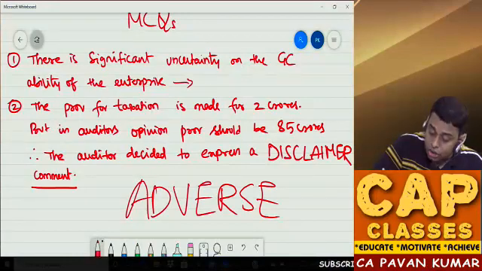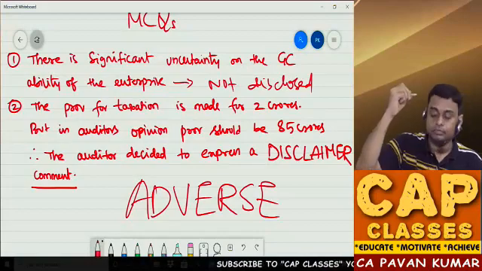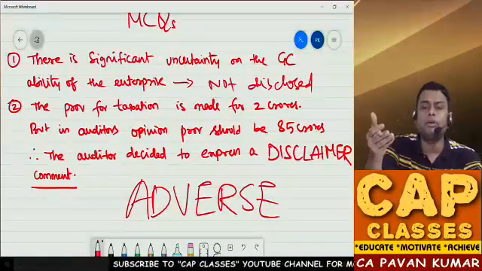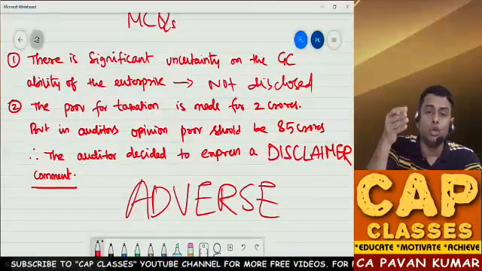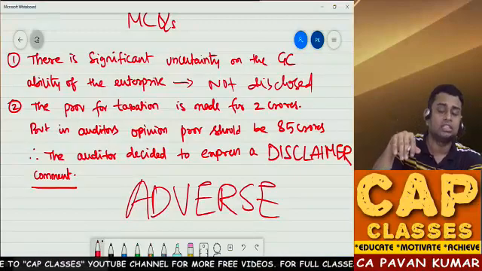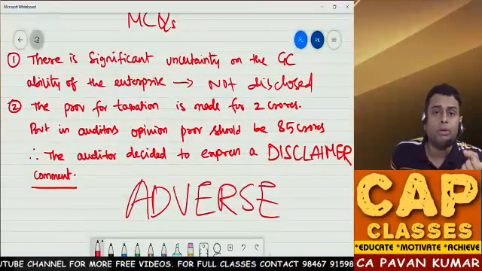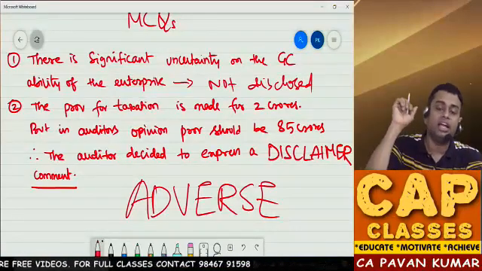If it is not disclosed in the financial statements, the auditor should give adverse opinion. So you cannot give disclaimer of opinion. Disclaimer of opinion should be given when there is no sufficient appropriate audit evidence. Now answer my question. If you do not have sufficient appropriate audit evidence, how do you know that there is significant uncertainty of going concern?